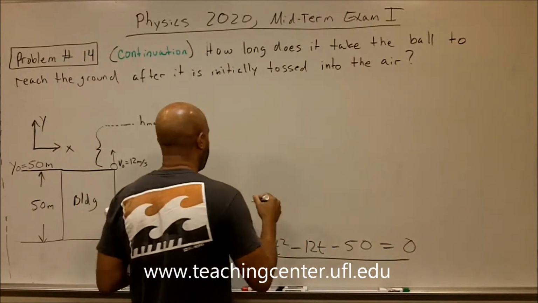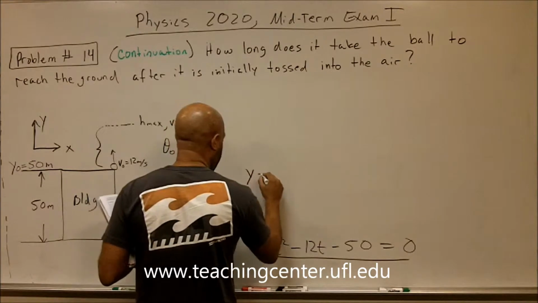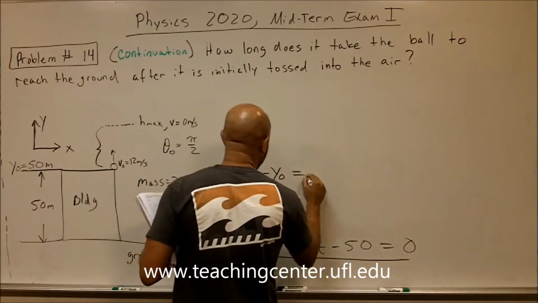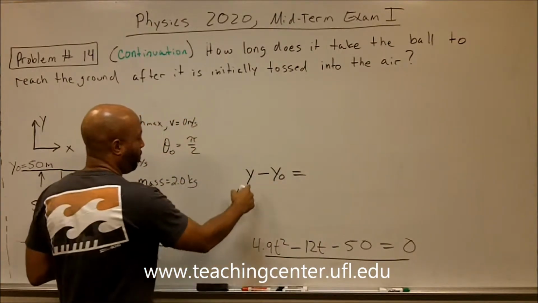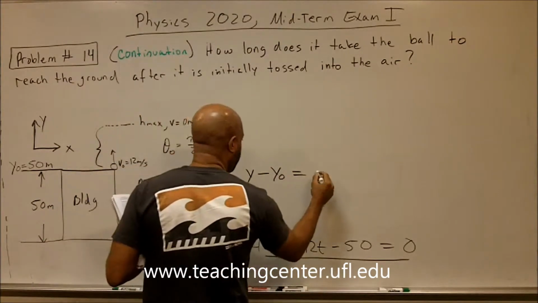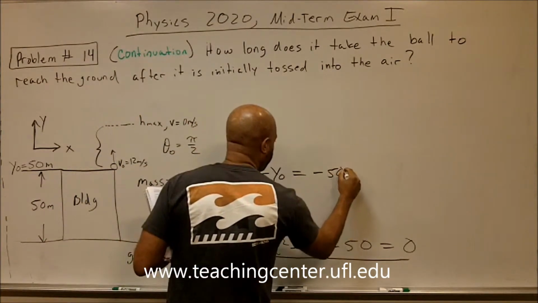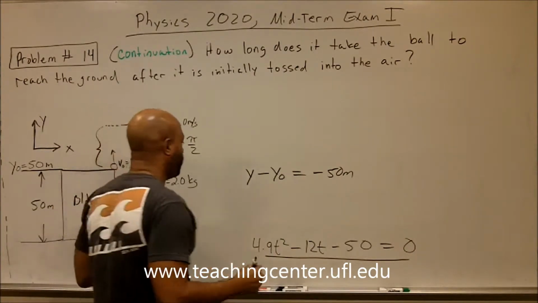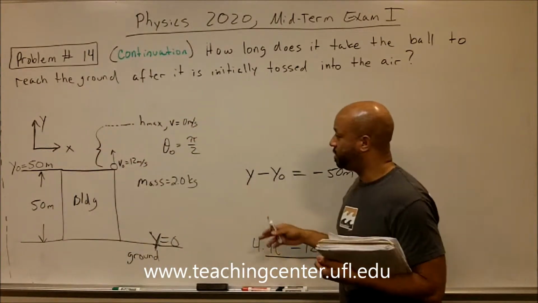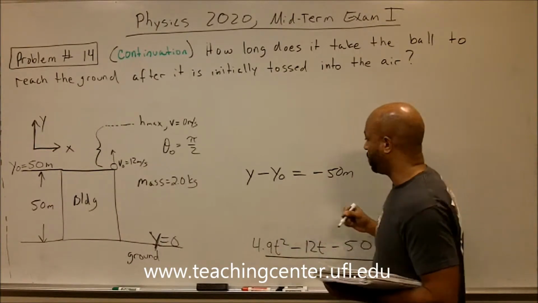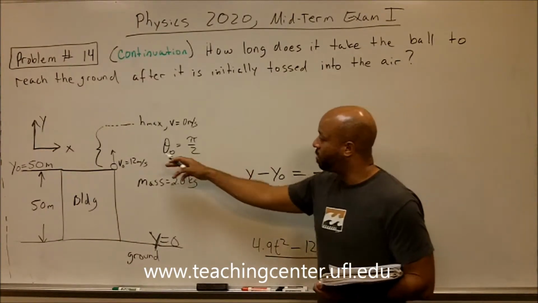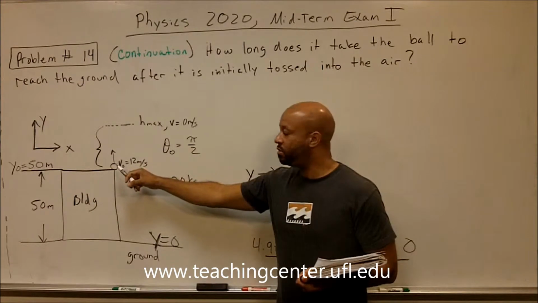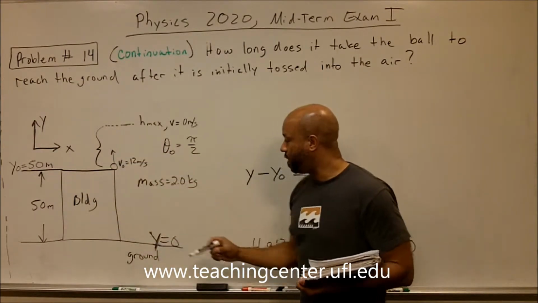Before I move further, remember from the equation we had y minus y sub 0, and we got that is equal to negative 50 meters. All right? And some of you might be confused as to how this particular equation that we're using is going to give us the total time from when the ball was initially tossed in the air to reach the ground.